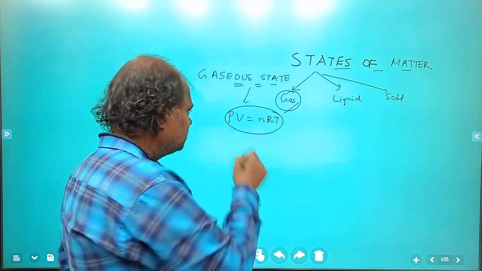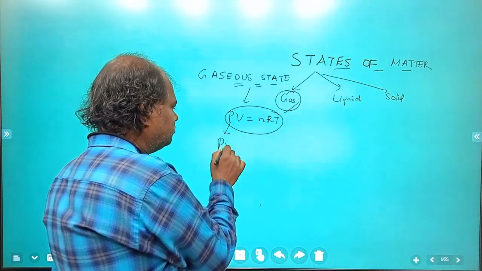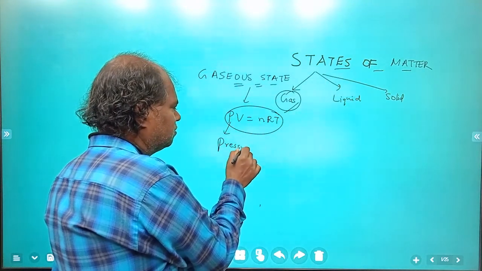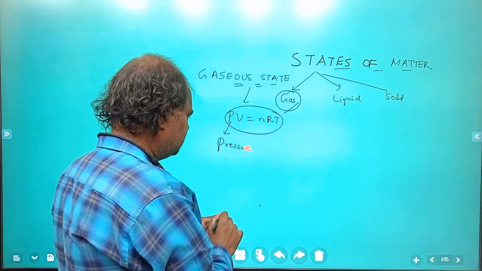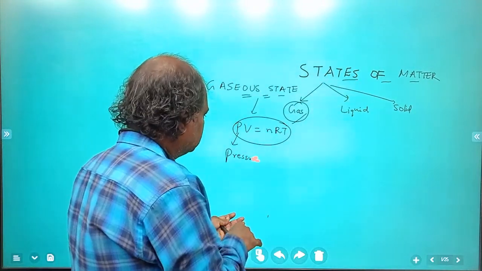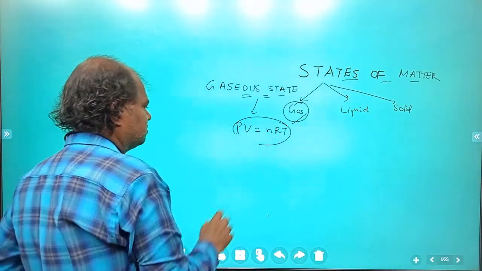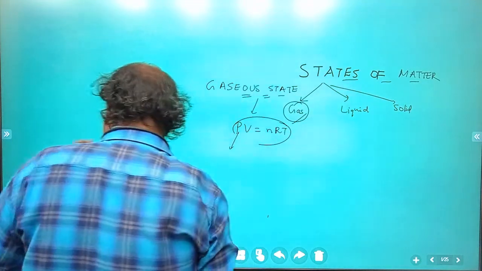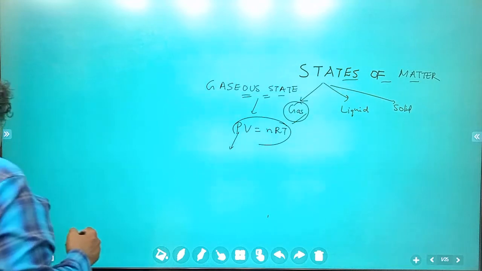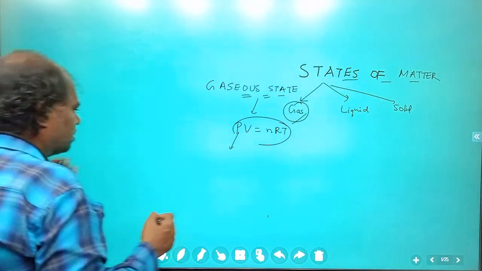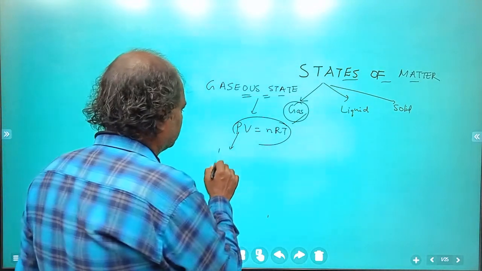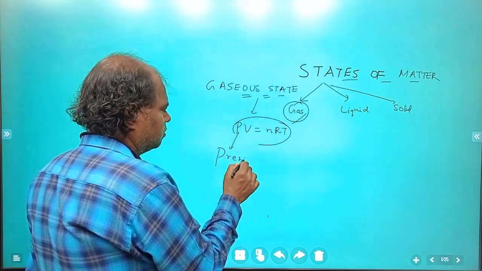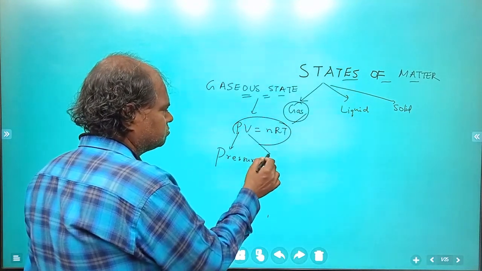What is P? P is the pressure, right? V is the volume.